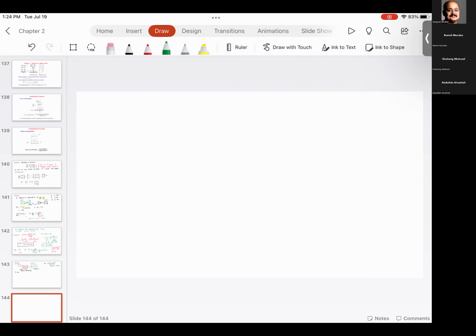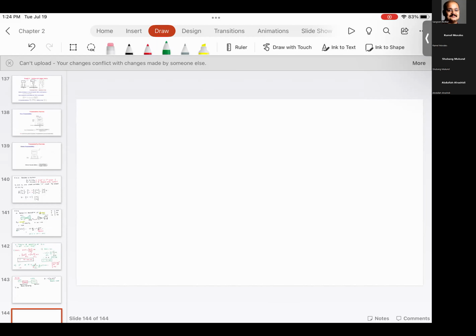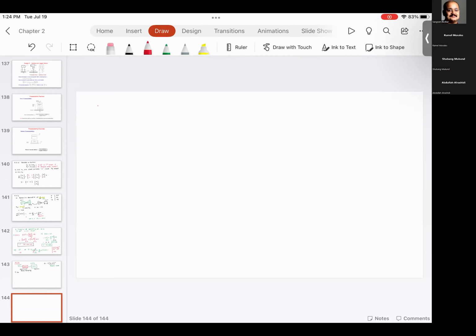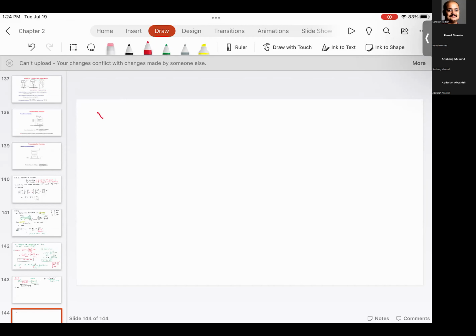If you look at the forces on the right hand side of the equation, force multiplied by displacement is equal to work done. So I can write this down.